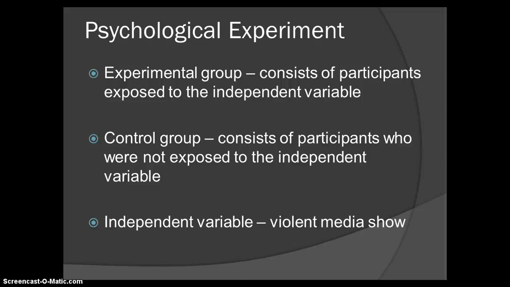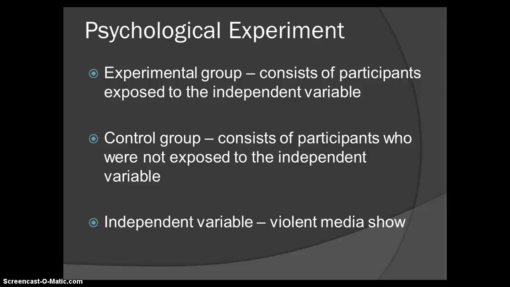It is important to have a control group in order to make sure that the effects you saw on the dependent variable are actually due to the manipulation you made in the independent variable.